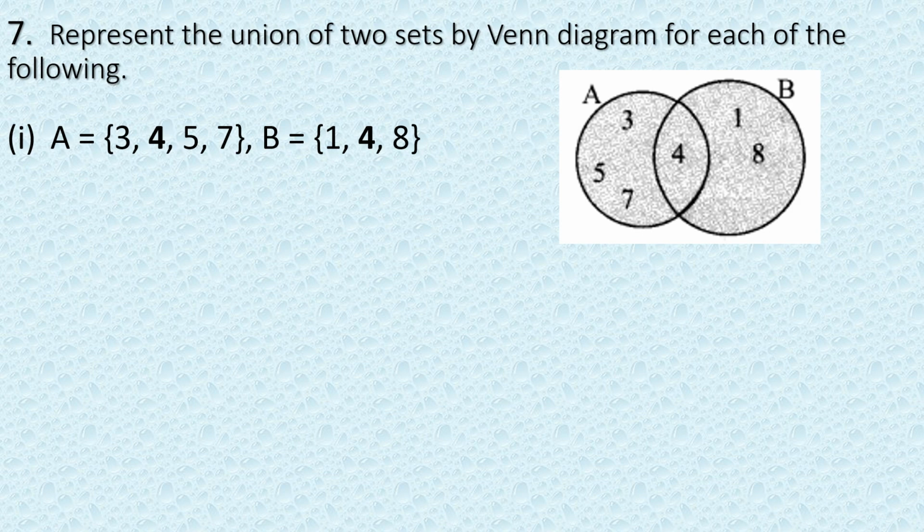So, here 4 is a common number, or we can say number 4 is in both set A and set B. So this is the Venn diagram for this problem.